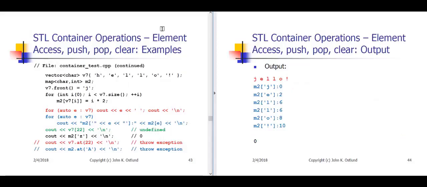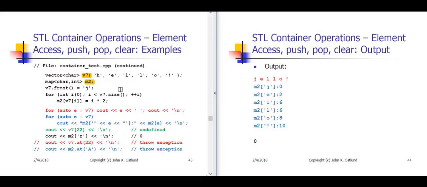Here on slide 43, we have some examples with the output shown on slide 44. V7 on slide 43 is a vector of char, initialized with 6 chars. M2 is a map from a char for the key to an int for the value.